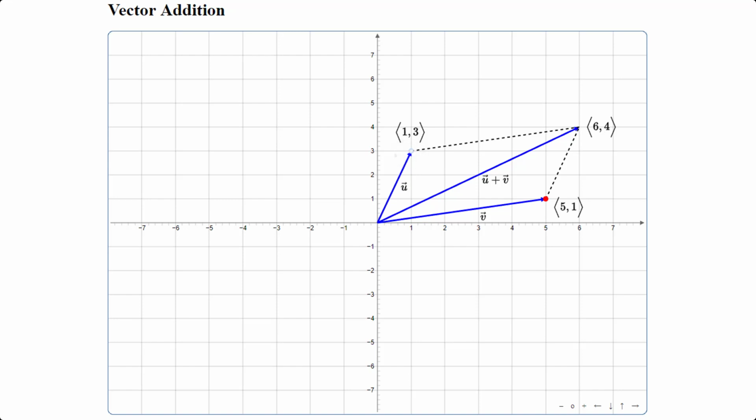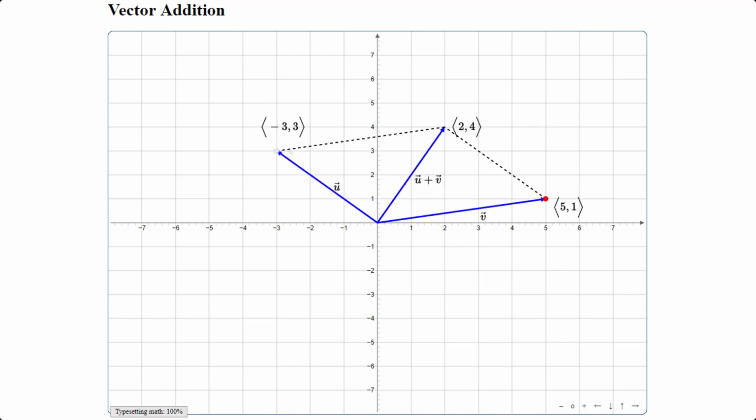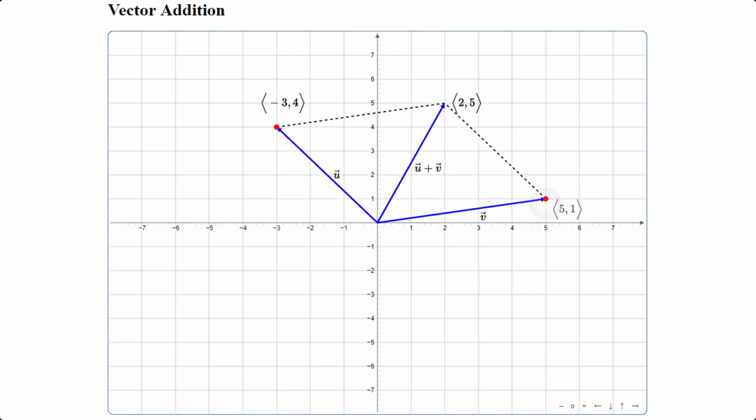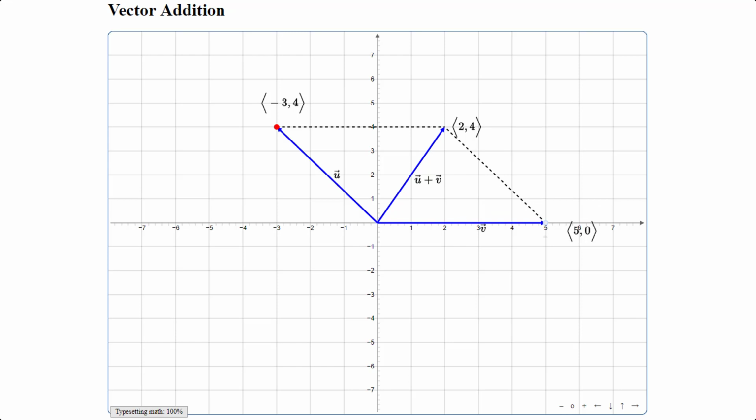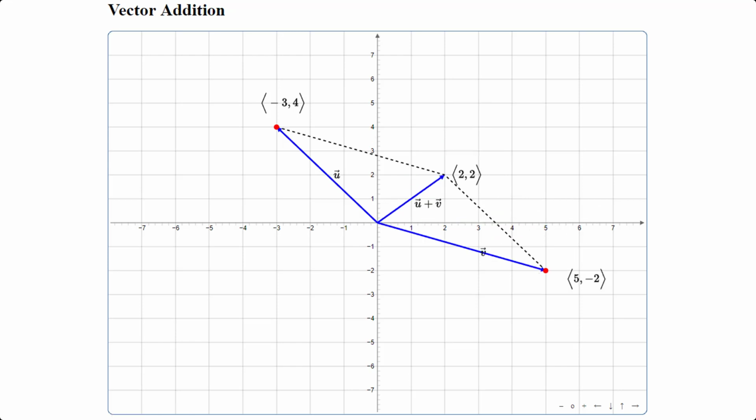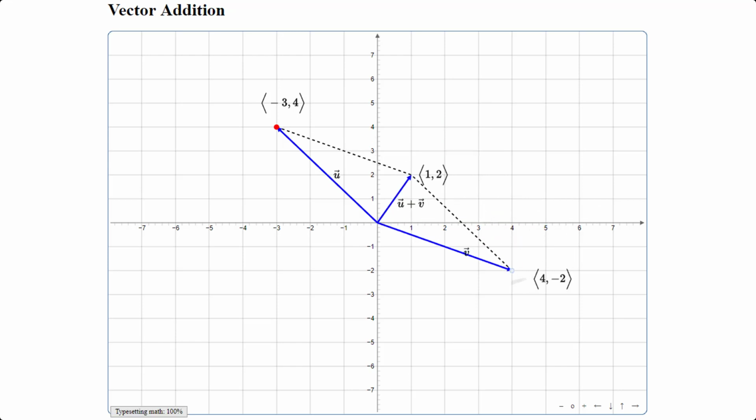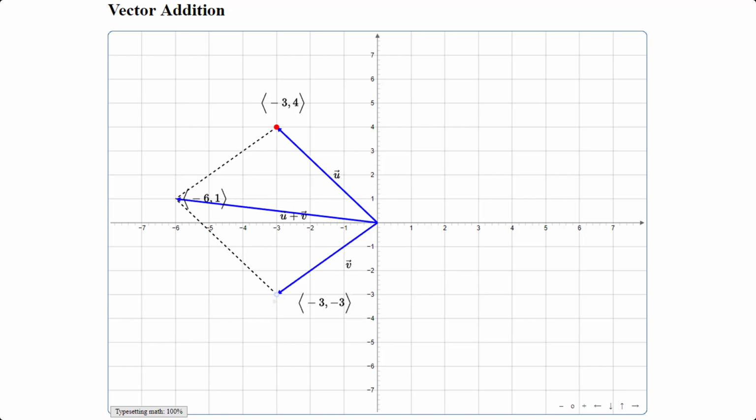And no matter where you move the endpoint of vector u or the endpoint of vector v, that relationship always holds. So the geometric interpretation of adding vectors is the same as the algebraic interpretation of adding vectors.